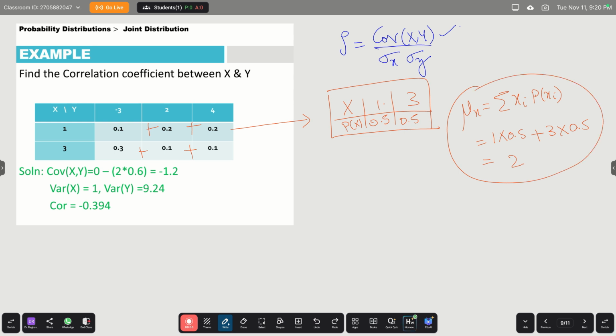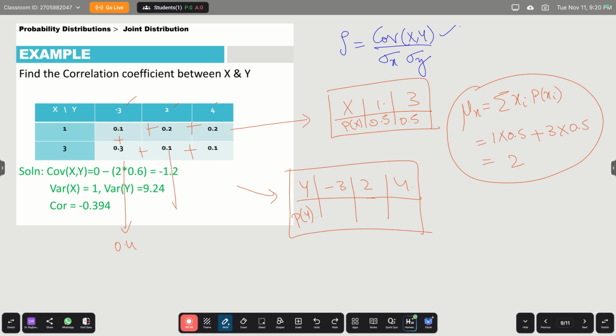Similarly, we will find the marginal distribution of y. Y is taking the values -3, 2 and 4. So for the corresponding probabilities, the first column sum is 0.3 plus 0.1, which is 0.4. Second column sum is 0.3, and third column sum is 0.3. So this will be 0.4, 0.3 and 0.3.